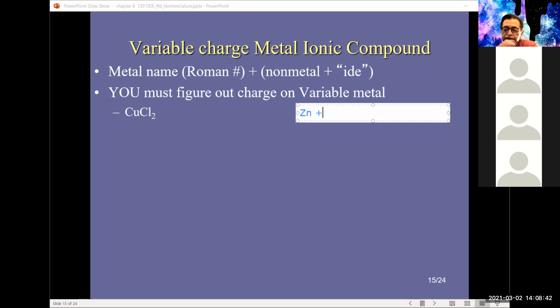And when it becomes an ion, it becomes chloride with a -1. And there's 2 of them, so there are 2 -1 charges coming from the chloride. So I can do this, right? Equals 0.